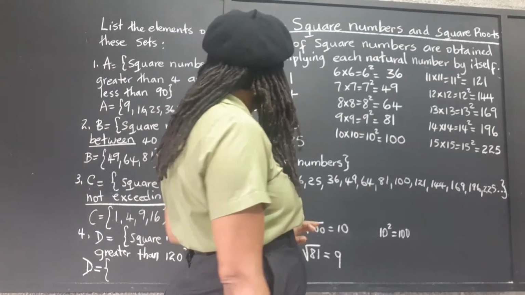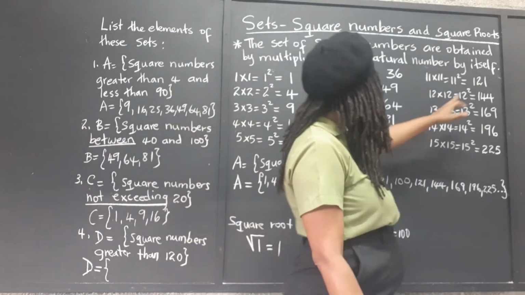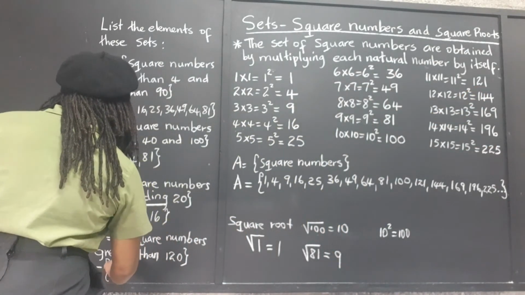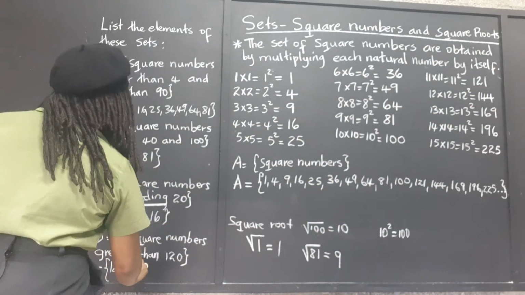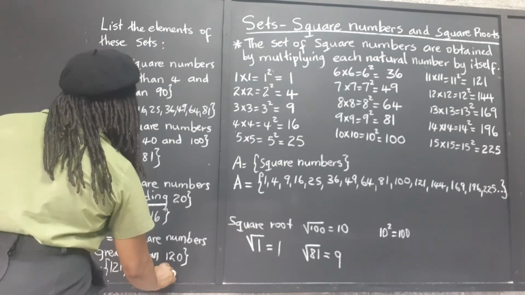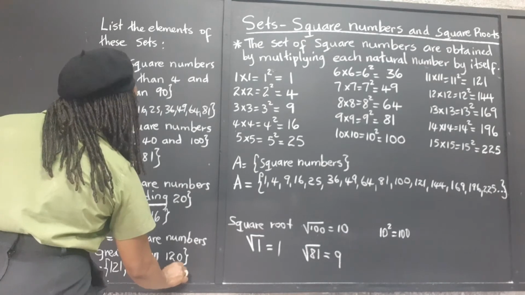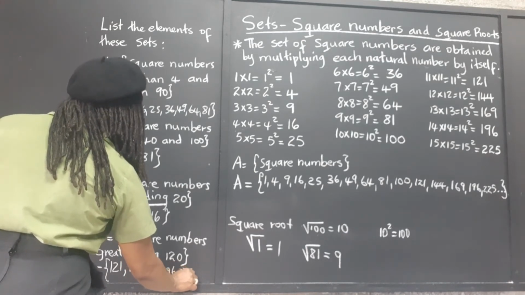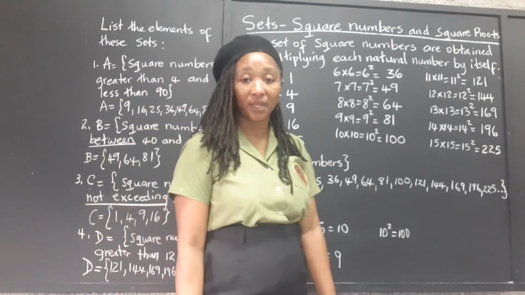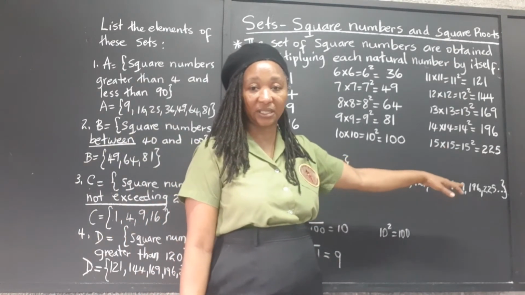So the ones that are greater than 120, we'd start here. So we'd have 121, 144, 169, 196, 225. But we know that square numbers don't end at 15 times 15.